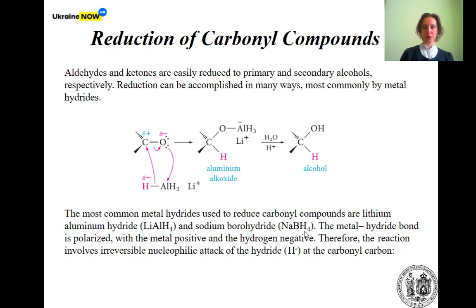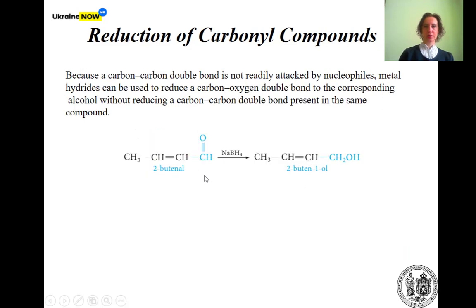A specific of the reaction with sodium borohydride is that this compound is more selective. An example is shown here on this screen. If you see, here is a double bond and it's left untouched after the reaction with sodium borohydride. With lithium aluminium hydride, this double bond, the same, will be reduced.